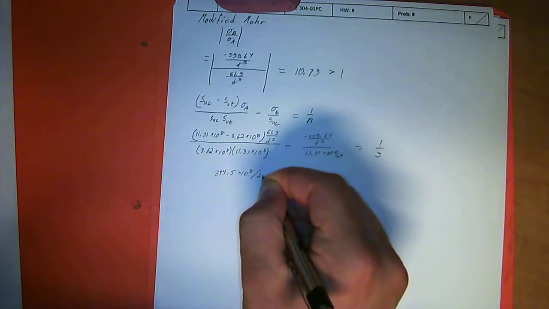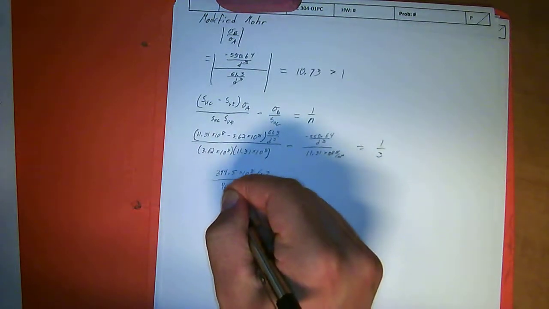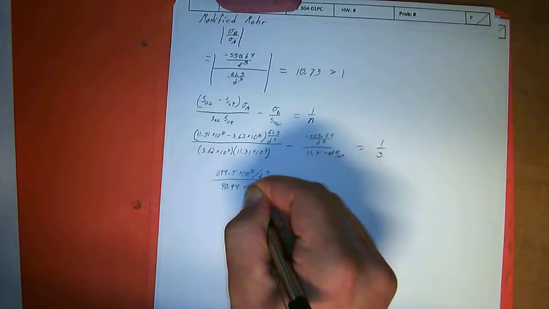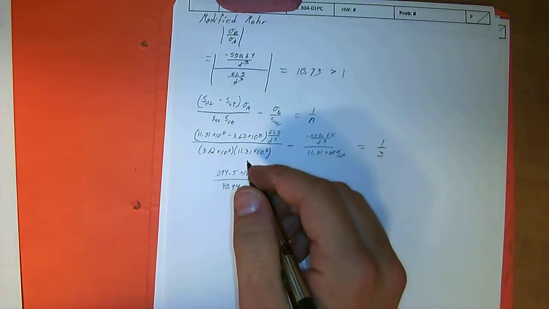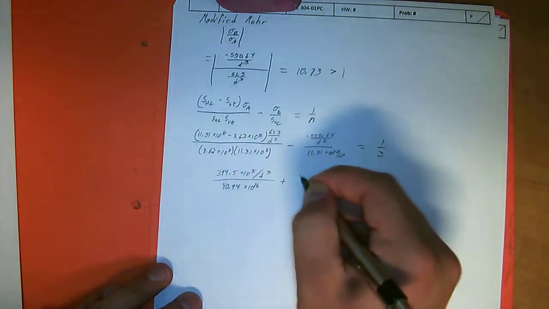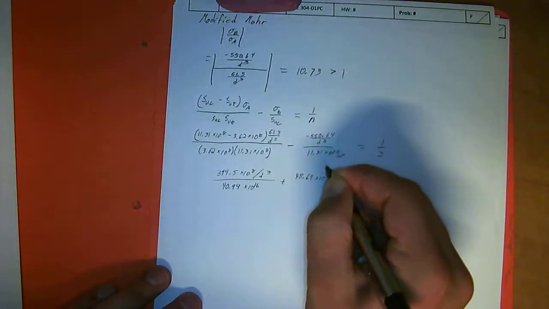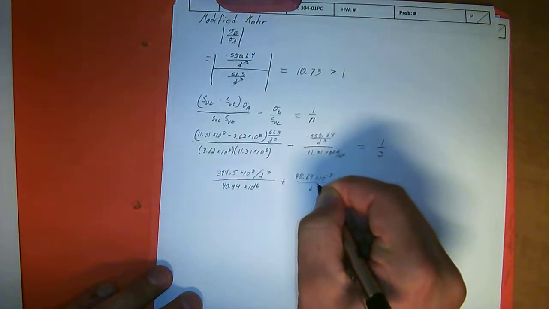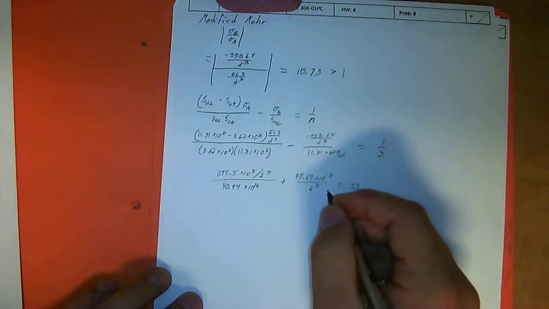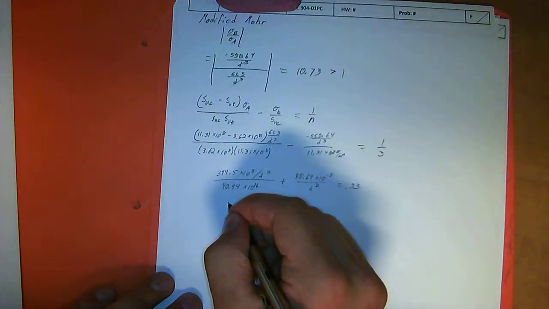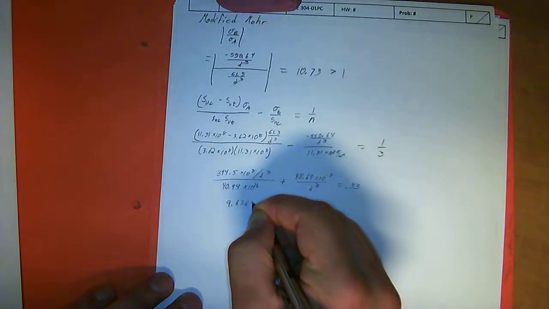Now, going through and doing all this stuff, we end up with 39.45 times 10 to the 8 divided by d cubed all over 40.94 times 10 to the 16 plus 48.69 times 10 to the negative 8 all over d cubed is equal to 0.33.